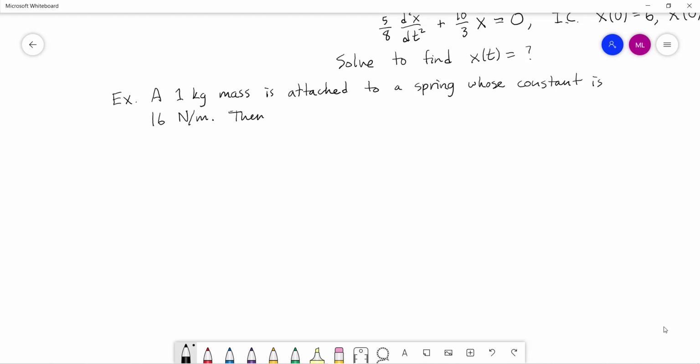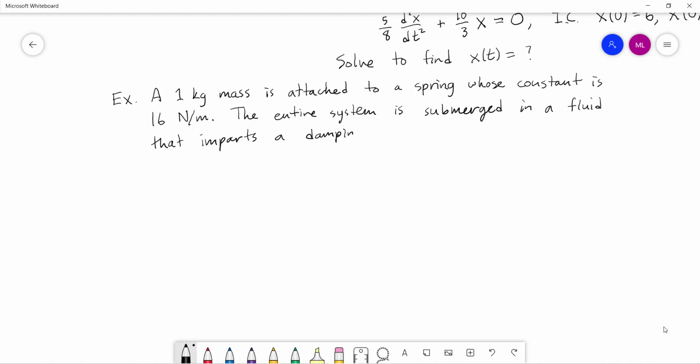The entire system is submerged in a liquid or a fluid that imparts a damping force that is numerically equal to 10 times the instantaneous velocity.